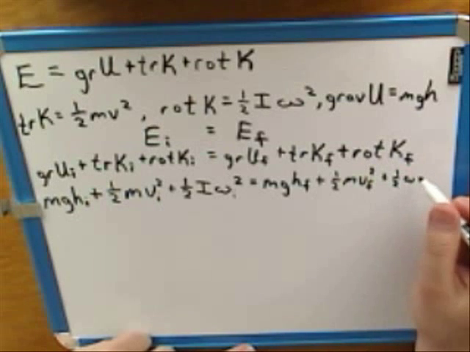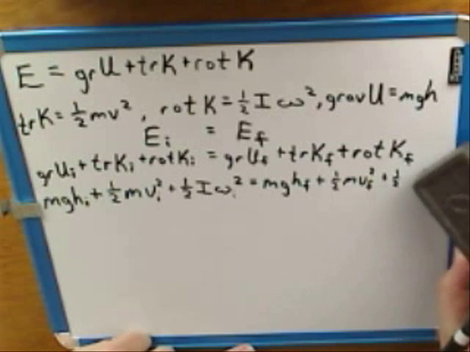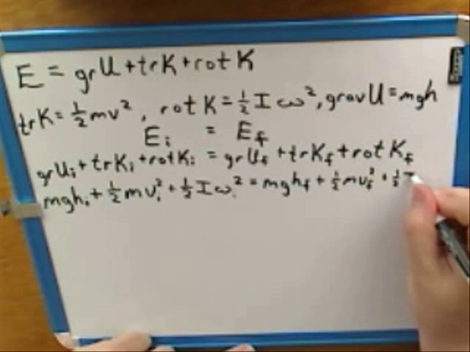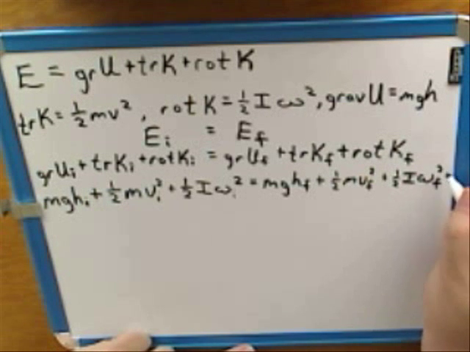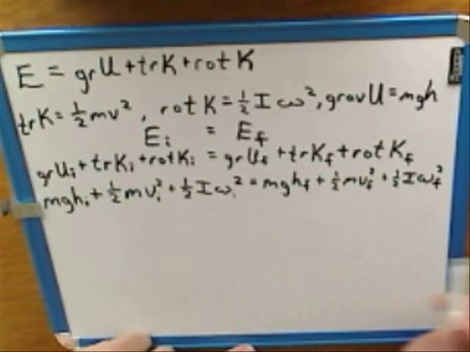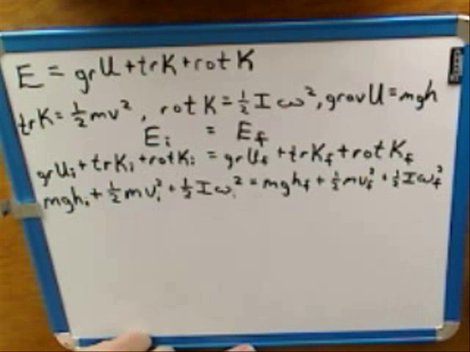What you said was omega final squared. We should have 1/2 times I. Oh, that's right. Times omega final squared. Make sure you put the I on the left-hand side too. One second. Okay.